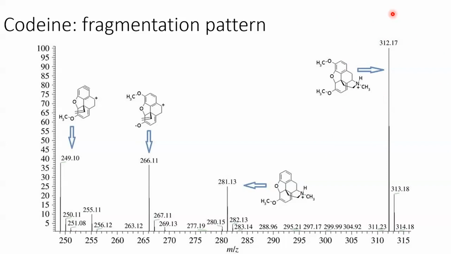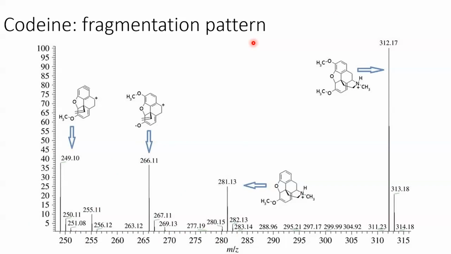And if that occurs, the molecule loses parts of its chemical structure, which means that it has a different mass, giving it a different mass to charge ratio, and you'll also see these fragments come out the end in your spectrum. And the way that a molecule fragments is relatively unique to that molecule.